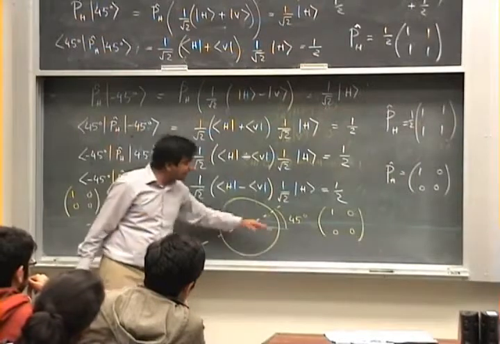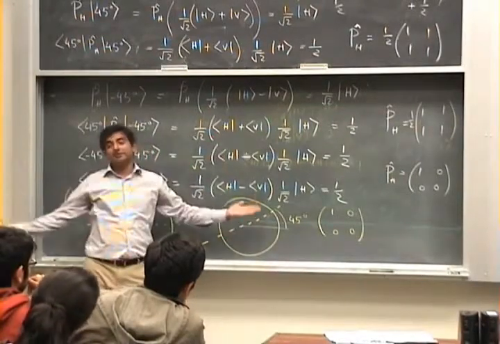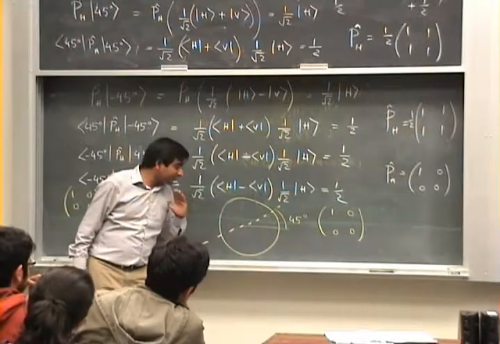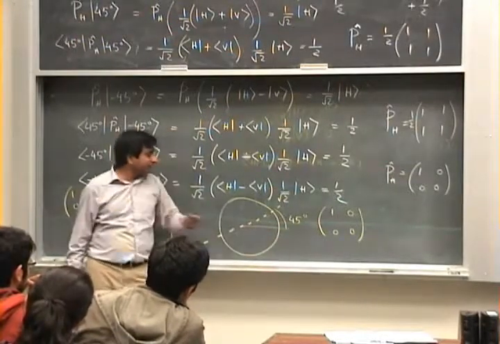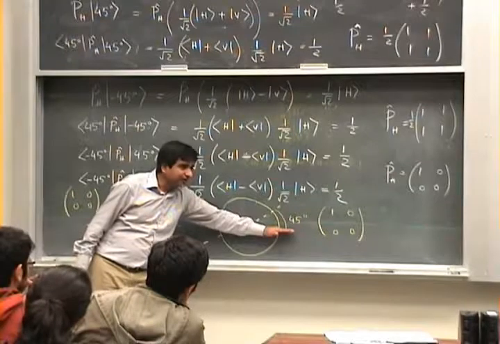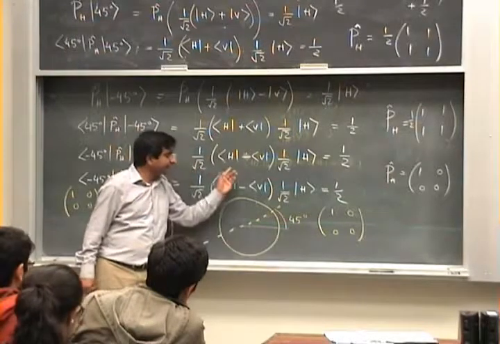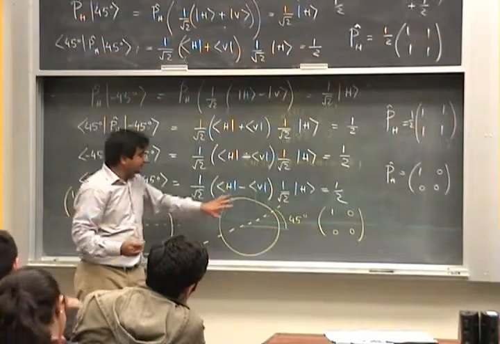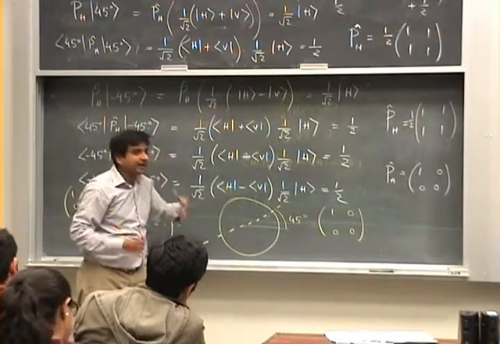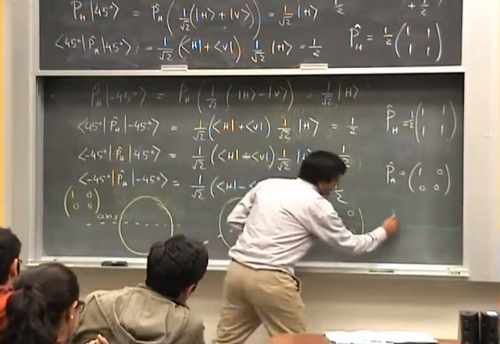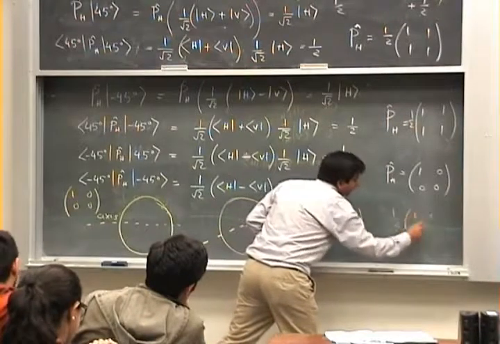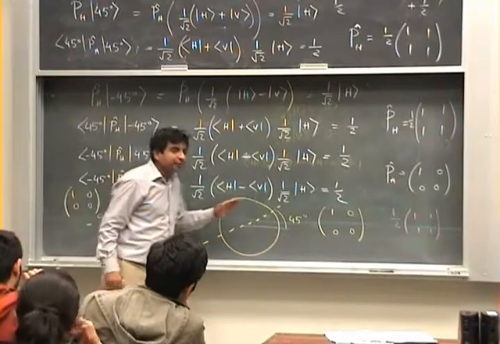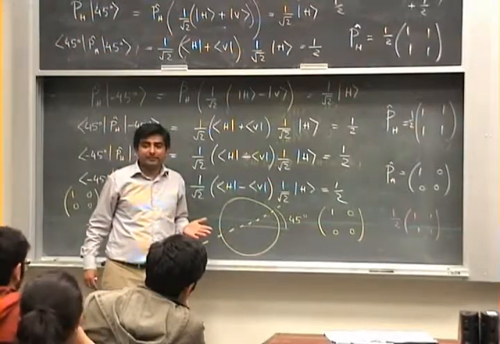However, if I remain in this original axis, in the original basis, if I say that, oh no, my reference frame comprises a horizontal axis here and a vertical axis here, then in this representation, this object will have an operator given by 1/2, half, half, half. Physically, it's just rotating the frame of reference.